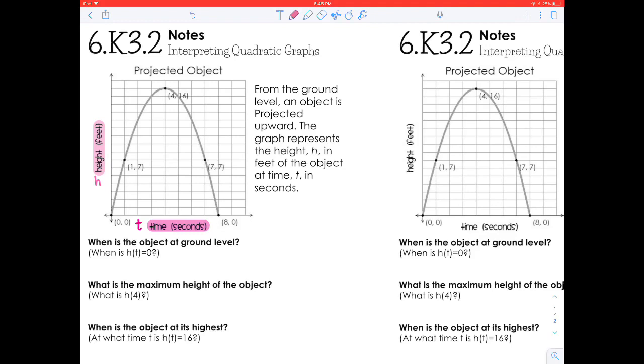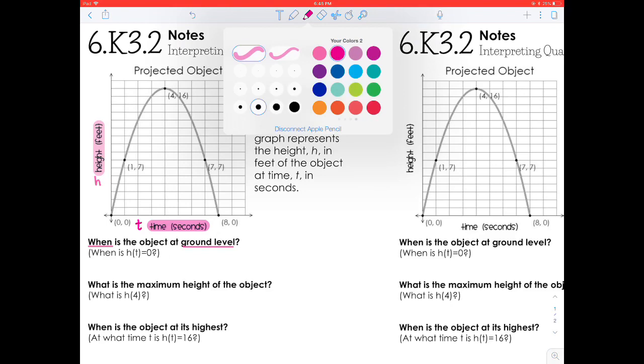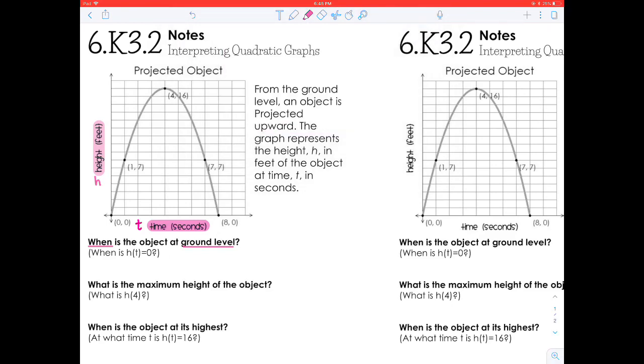That's the key word. Ground level is going to be 0 feet. So another way of putting this in function notation, which we've seen before, is asking when is h of t equal to 0?